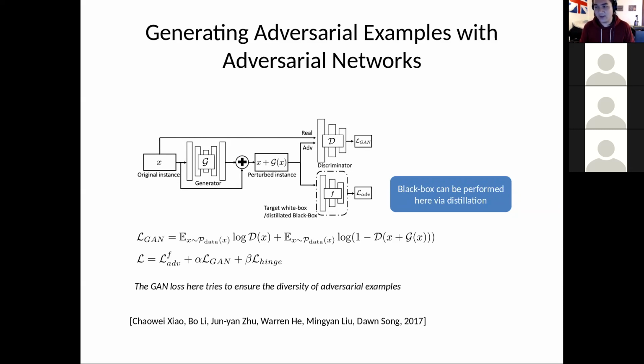One, if we're making a white box attack with a GAN, we can have our original instance, we pass it through a generator, and we add that original instance to the perturbed noise. And then the discriminator says, is this a real image or a perturbed image? And then we also have this loss on the second part. Imagine it's a white box attack.